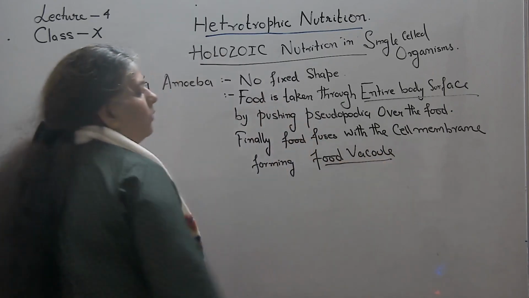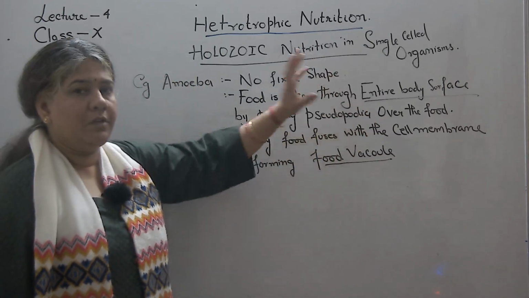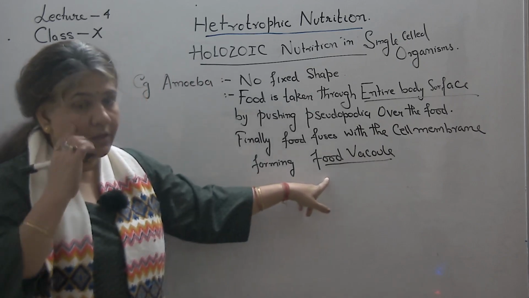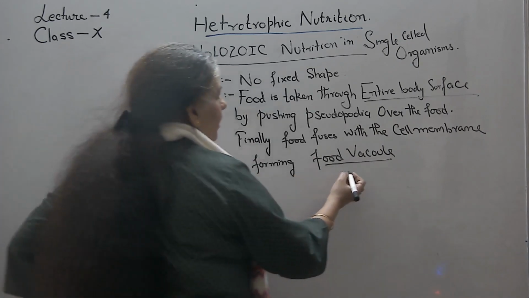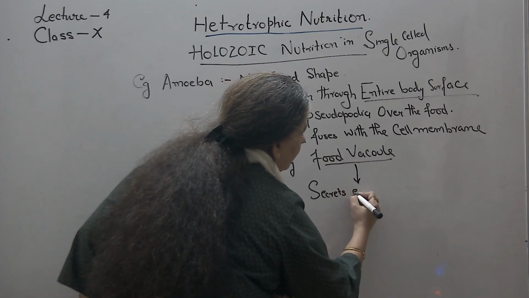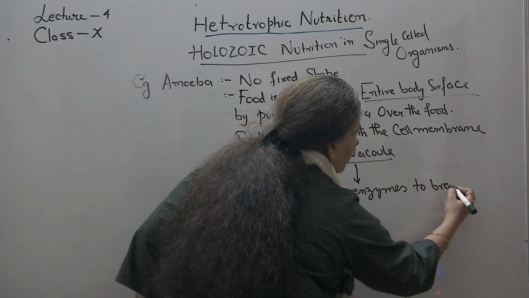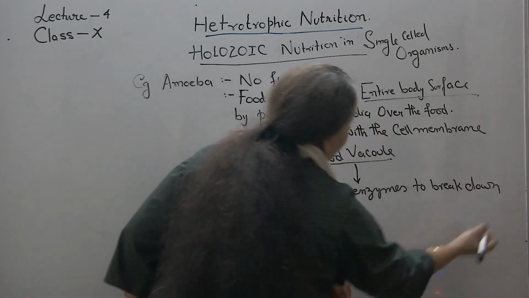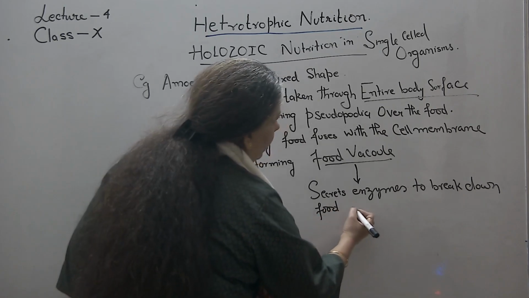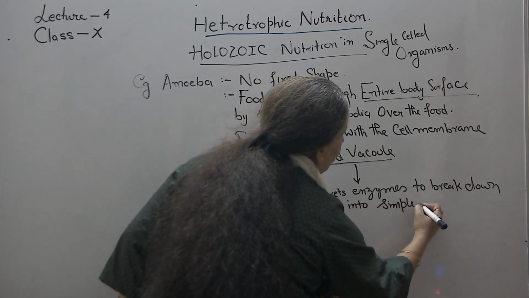This food vacuole will perform the entire process of digestion. Ingestion is complete, the body surface has taken in food. Now the whole process of digestion will be completed in the food vacuole. So this food vacuole secretes enzymes to break down food into simple molecules.